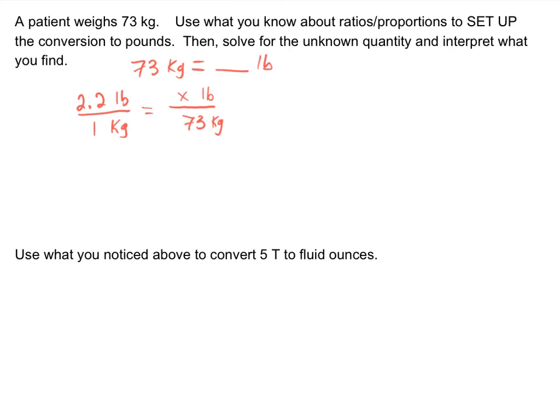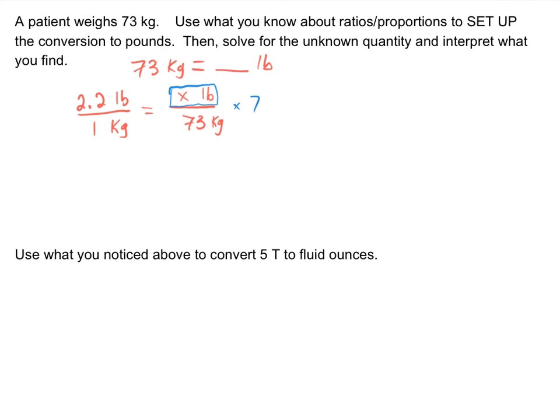But what I'm asked to do in this problem is to set this up and then solve for the unknown quantity. So what I mean by that is I want to get this X by itself. And this is a review of what we saw during the first week of the course. So if I'm dividing this unknown quantity by 73, I'm going to multiply both sides by 73 kilograms.